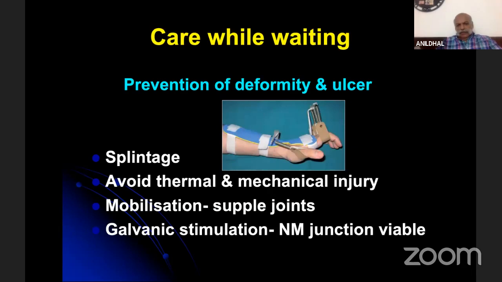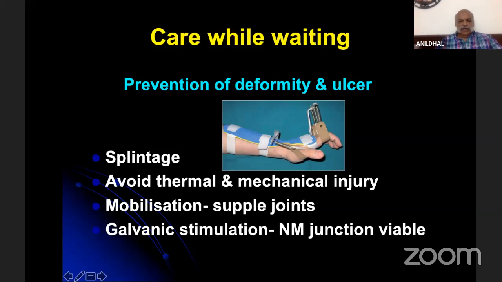In the waiting period, if you are waiting for recovery after repair, or if you are suspecting an axonotmetic lesion and waiting for recovery to occur, you need to provide some sort of splintage to prevent any fixed deformity from developing. If the sensory area is important, as in the median and the ulnar nerve, avoid thermal and mechanical injury.